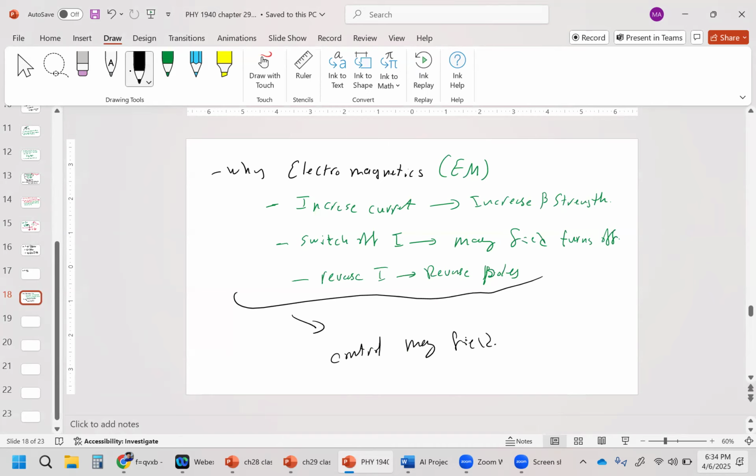And that should conclude chapter 29 for the Halliday and Resnick book.